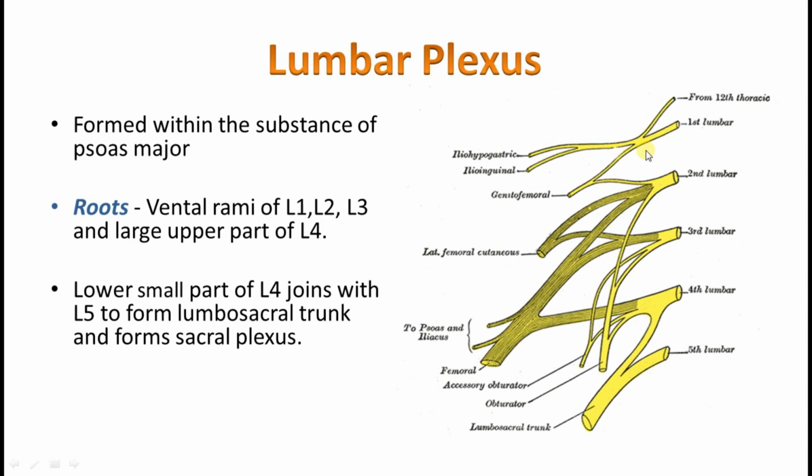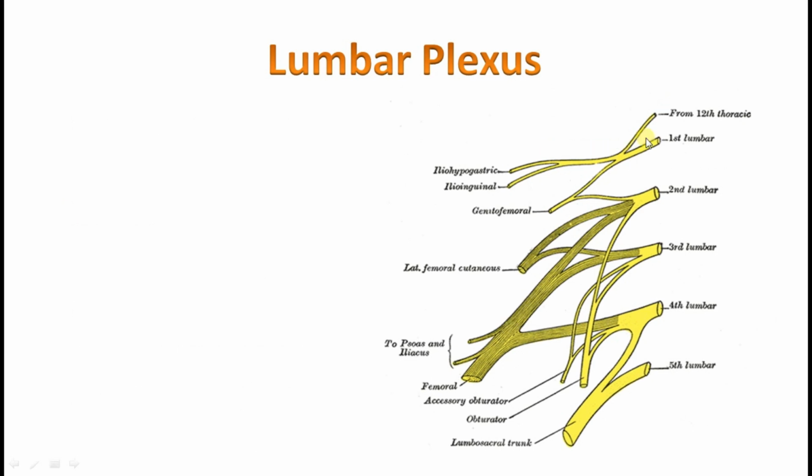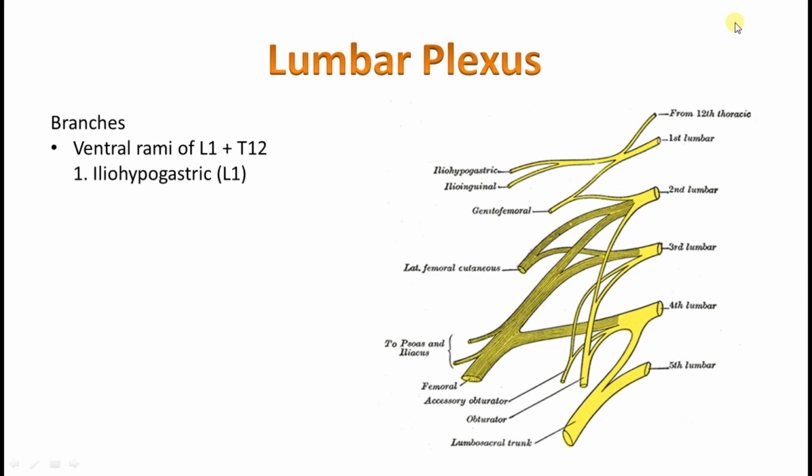Now how they form the branches: L1 joins with a twig from T12 and divides into a large upper branch and a small lower branch. The large upper branch gives rise to the iliohypogastric nerve and the ilioinguinal nerve.